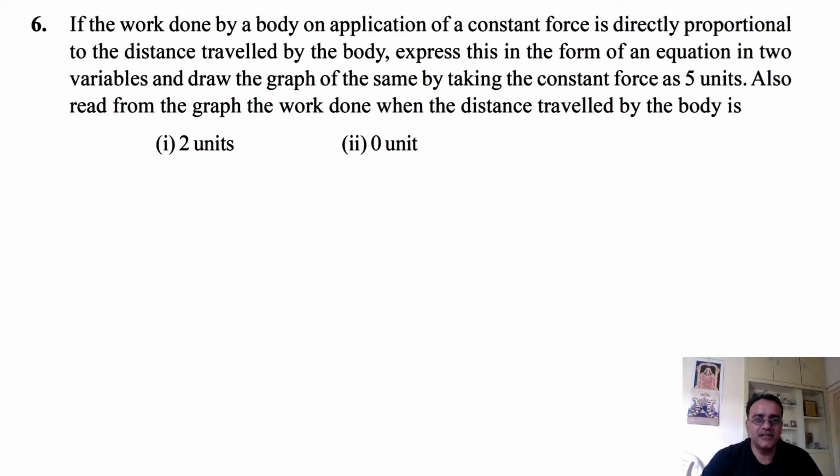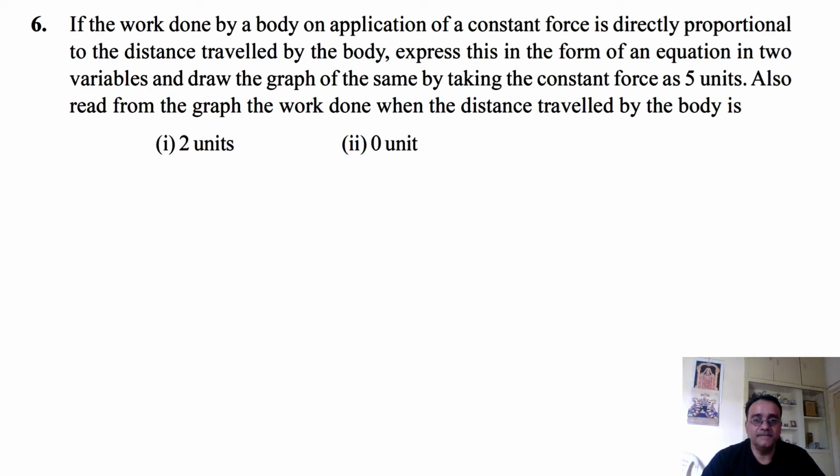So question number 6: if the work done by a body on application of a constant force is directly proportional to the distance traveled by the body, express this in the form of an equation in 2 variables and draw the graph of the same by taking the constant force as 5 units. Also read from the graph the work done when the distance traveled by the body is 2 units and 0 units.